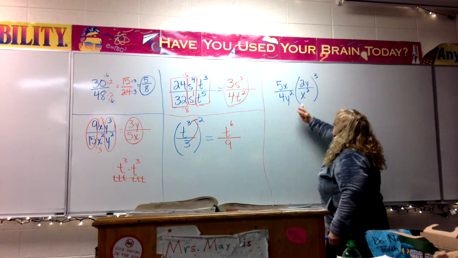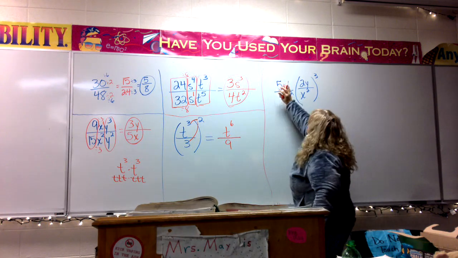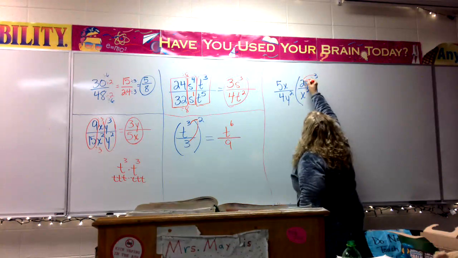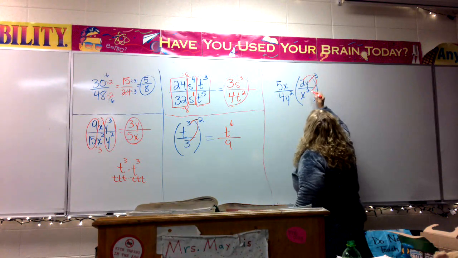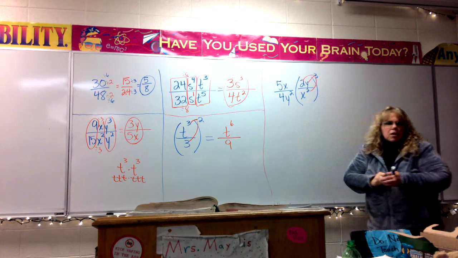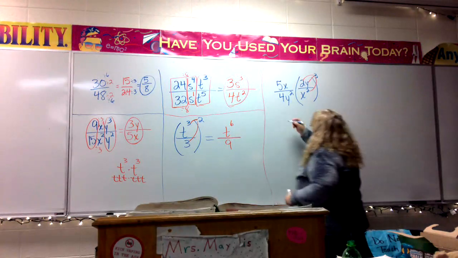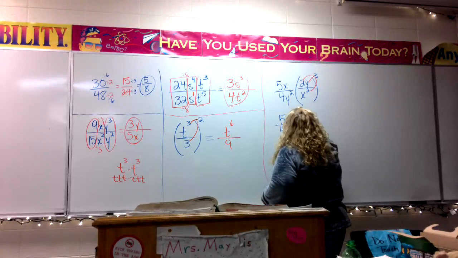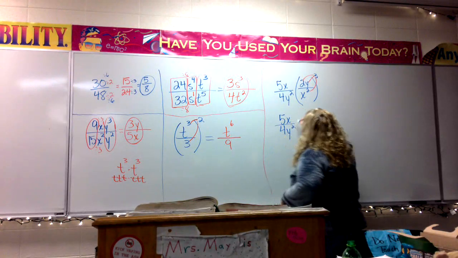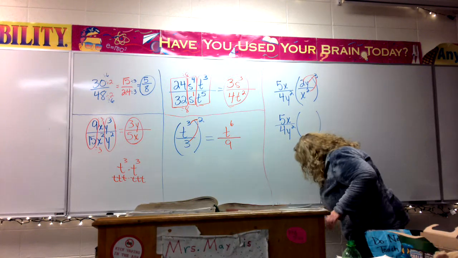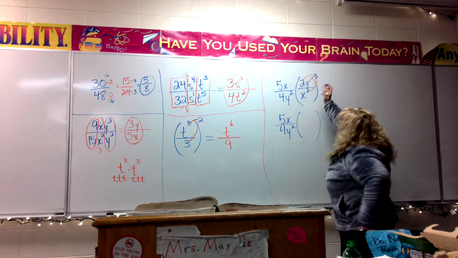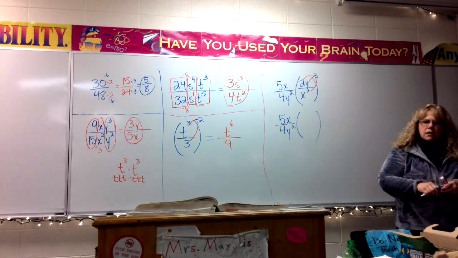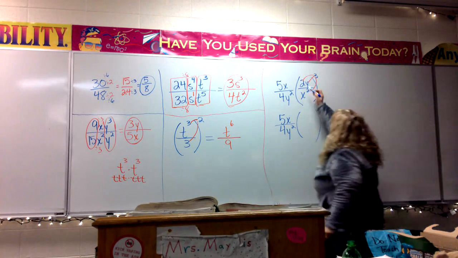Same thing over here, except when we're done, we're going to have to multiply by the stuff out here. This 3 goes with all of those. We're going to leave the 5x over 4y squared alone, and we're going to raise the parentheses to the third power. What's 2 to the third power?